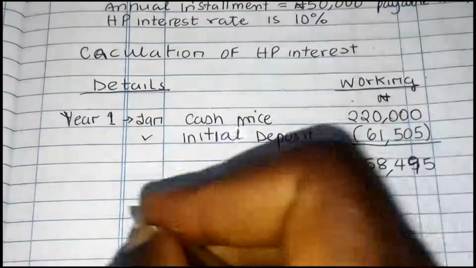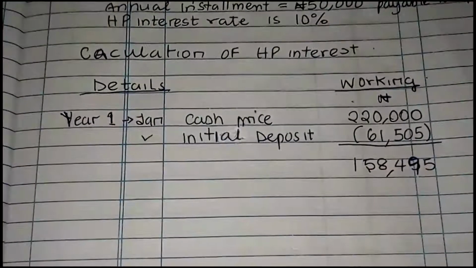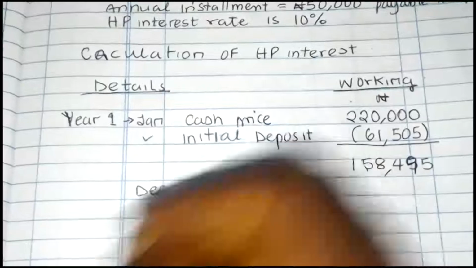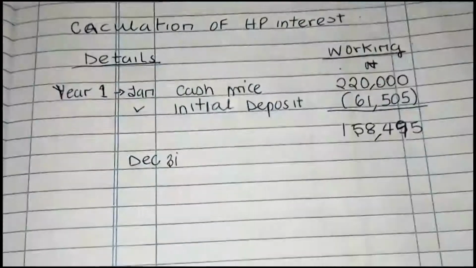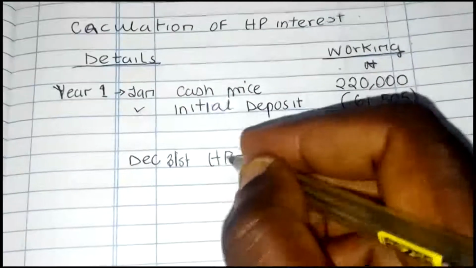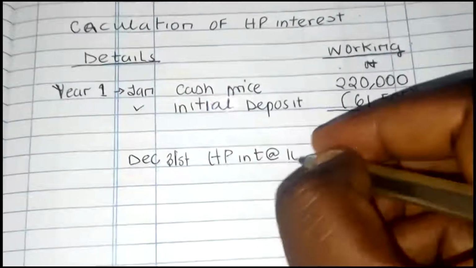So then by December of year one, by December 31st, the hire purchase interest will be calculated at 10%.